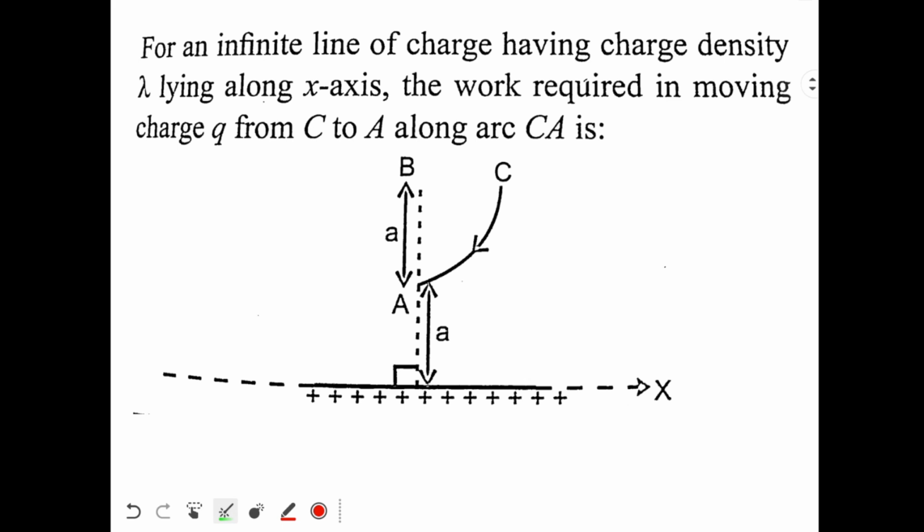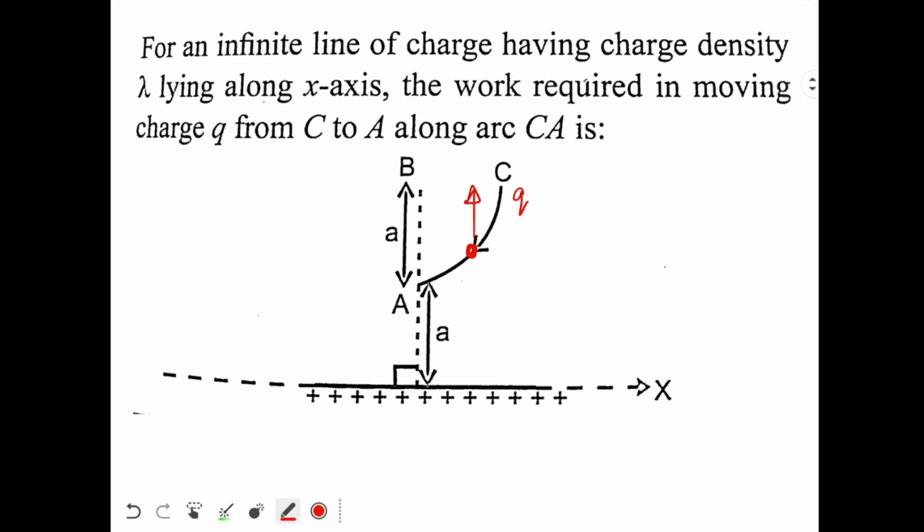So let's draw the charge over here. I'm drawing it slightly displaced from point C. So the line of charge will create a force. Let's do something. Draw it at random point. So this is my charge over here. So the line of charge will be creating a force on this charge.